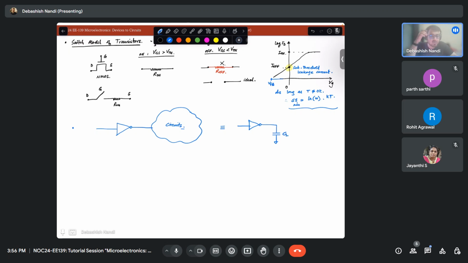Why? The question is why? Because all the circuits which were connected, we have made an equivalent capacitor and placed it after the inverter. Why is it a capacitance?